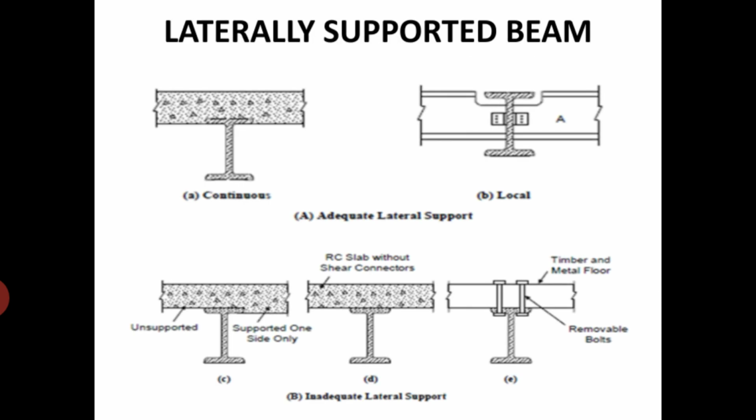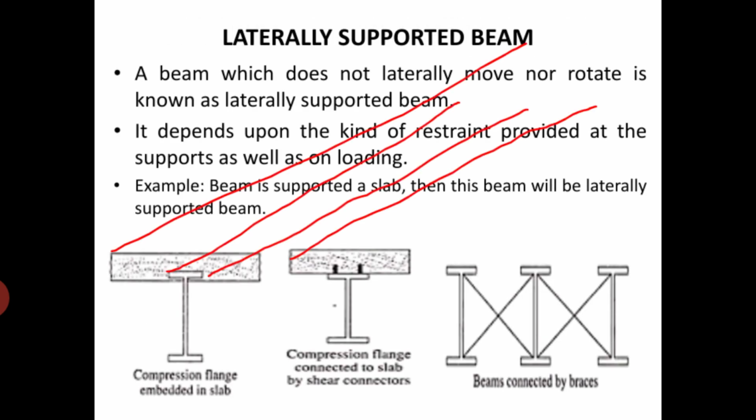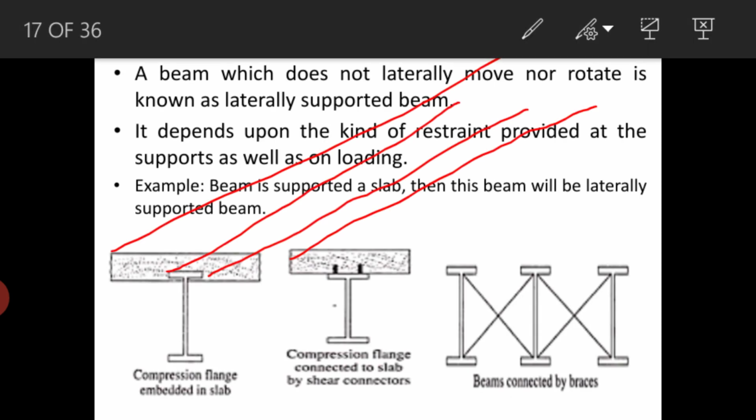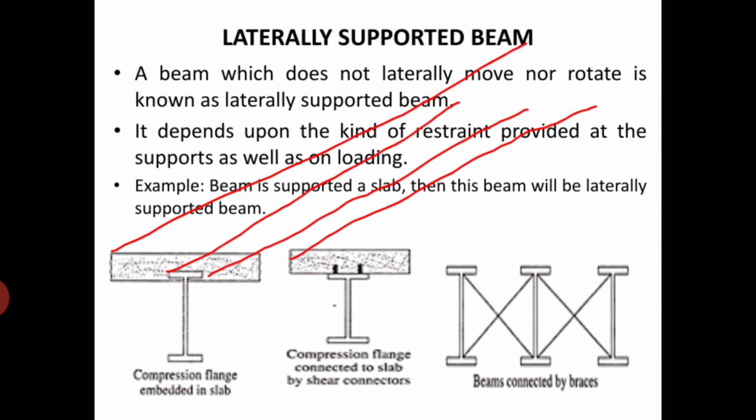If we want to achieve a laterally supported beam and this ideal beam behavior, the compression flange of the beam, I'll show you, this is the compression flange of the beam, is restrained from moving laterally like this, and any form of local buckling is prevented.